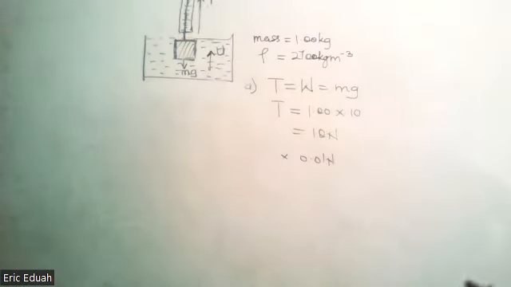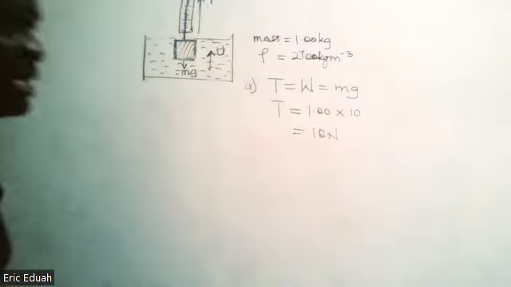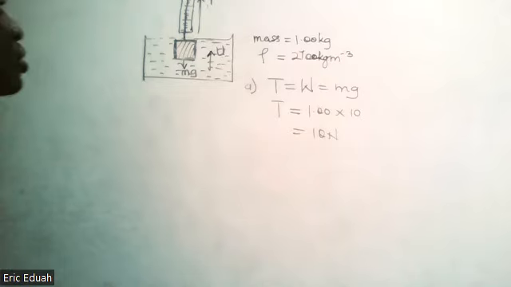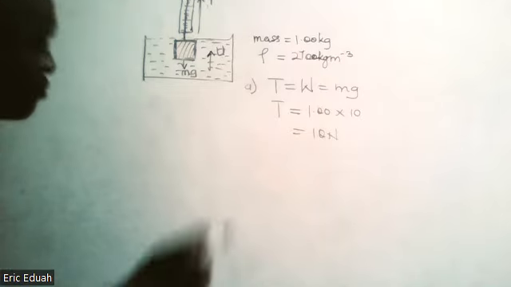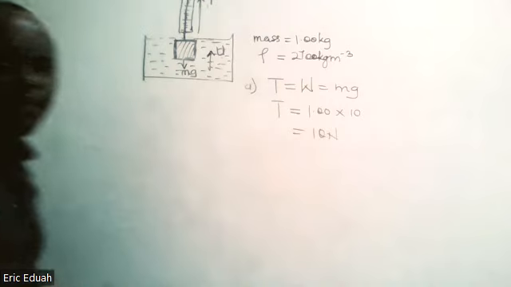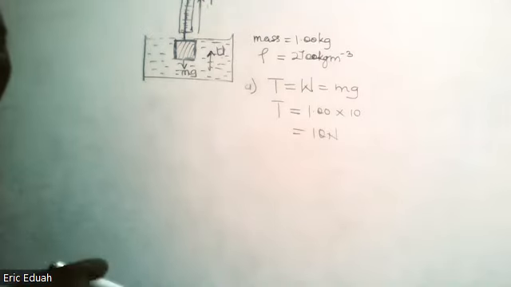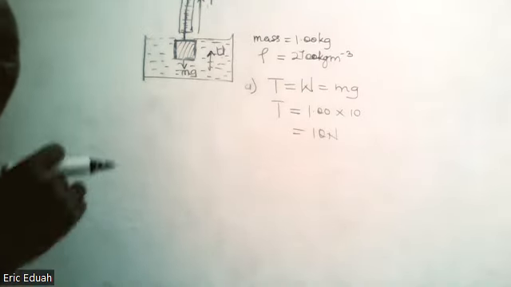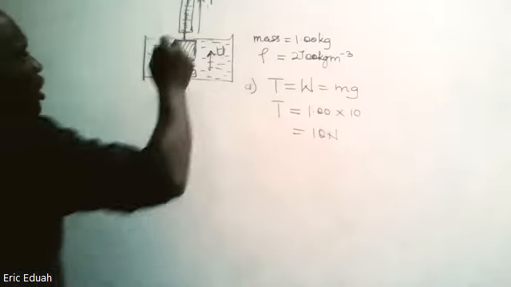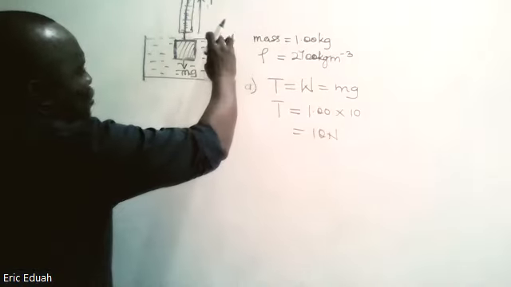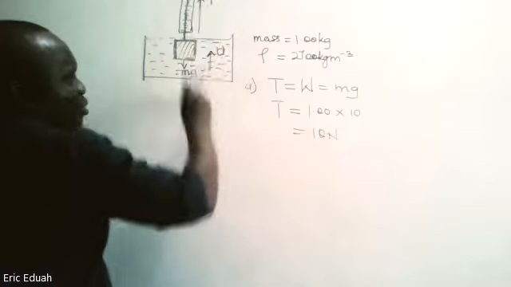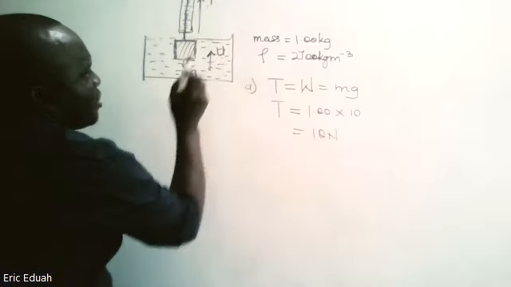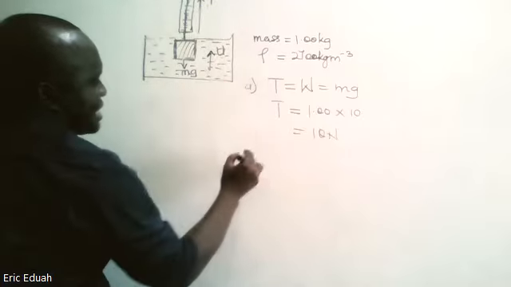Okay. All right. So the B part. What is the tension when the mass is suspended in water? To help you get this without learning the formula by rote, all you have to do is note that when it's immersed in water, upthrust will be in the same direction as the tension.